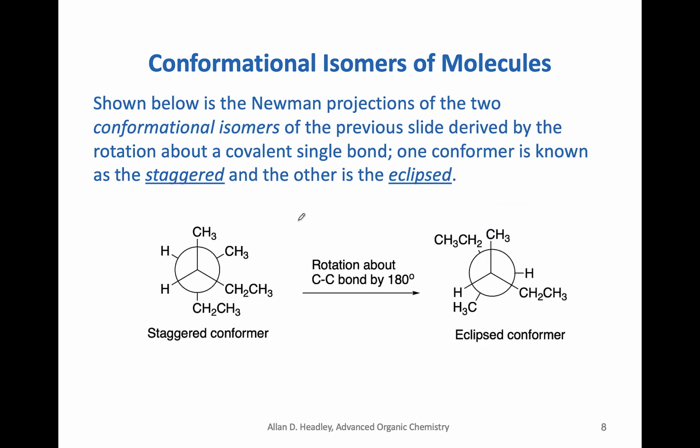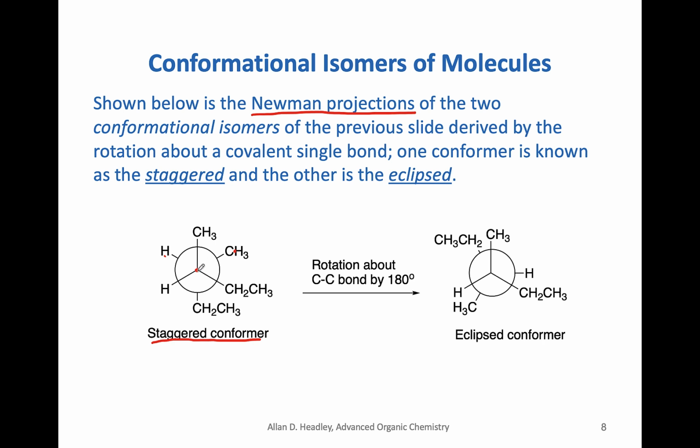Let's look at another representation, using the Newman projection here. This of course is the staggered, or the anti, where we have the methyl and the ethyl. On the front carbon here we have the methyl, and on the back carbon we have the ethyl and these groups here.